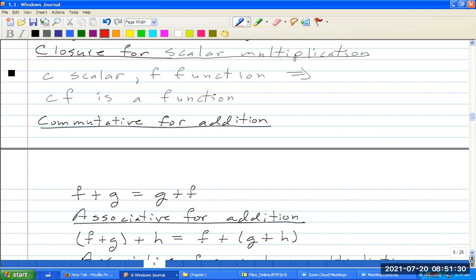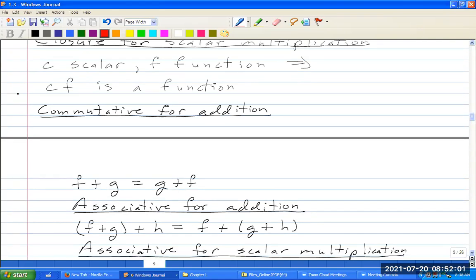For right now, just take it that in this class, we'll really only be looking at real numbers. And there's a fundamental reason for that. Not that we're just lazy and we only want to do it for real numbers. There's really a fundamental reason why we only do real numbers. So let C be a scalar, let f be a function, then C times f is also a function.